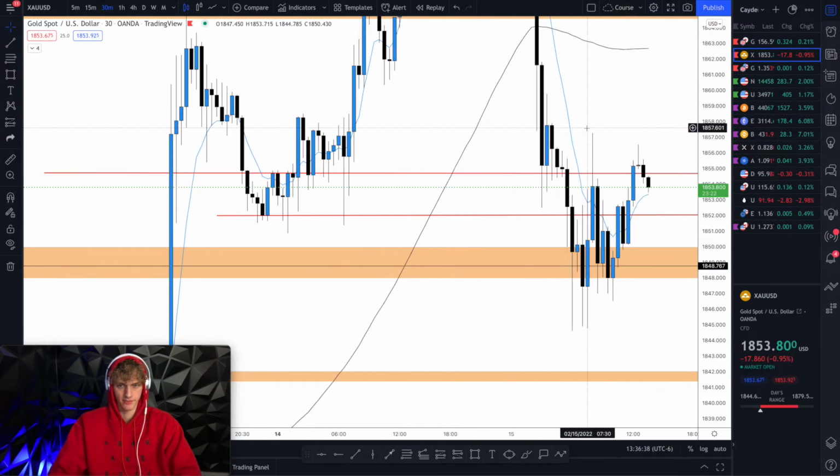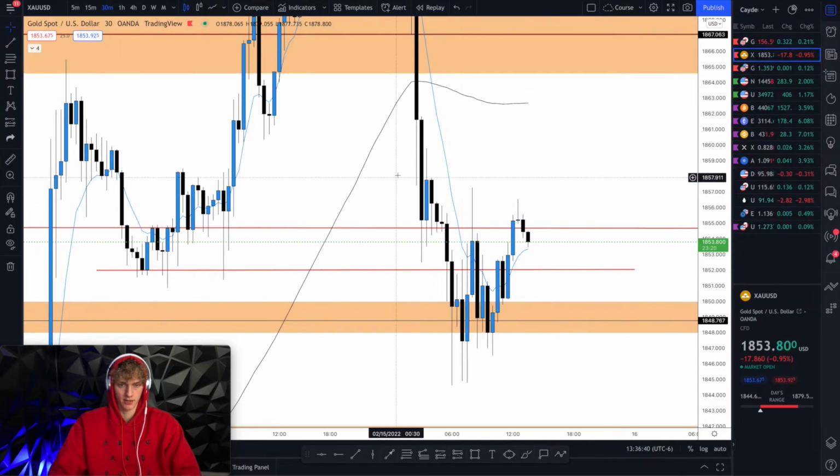Okay, so what I'm looking at when I'm looking at this is I can see that the market is coming down. We kind of stopped right here. I'll put a little line right here, and we made some support. We tried to continue up, but guess what happened? We just continued all the way back down.